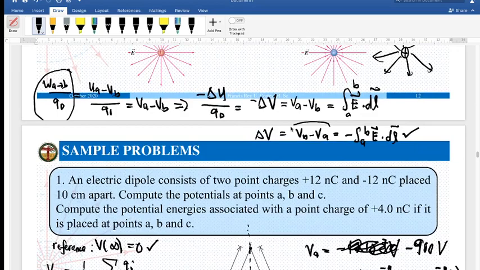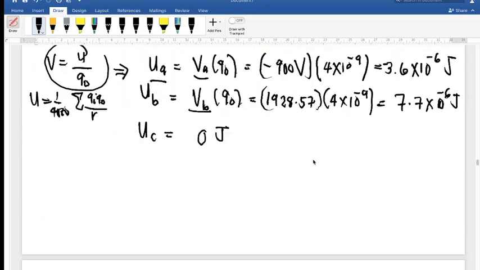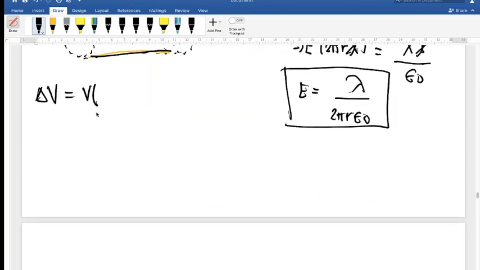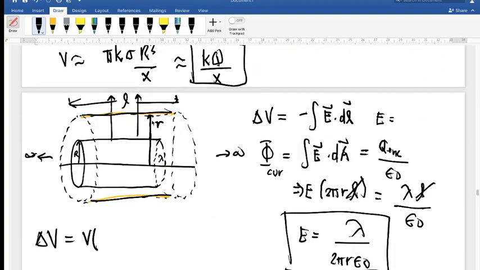Okay, so it is point B minus point A. So we have point B, our point B is the Gaussian surface and point A is the surface of the line charge. So this is our point A.